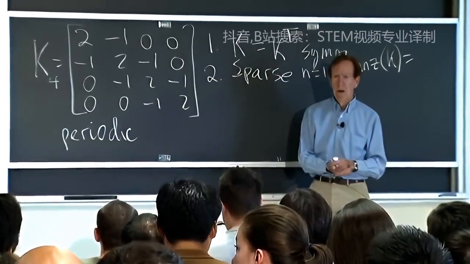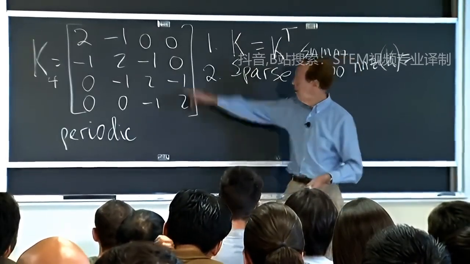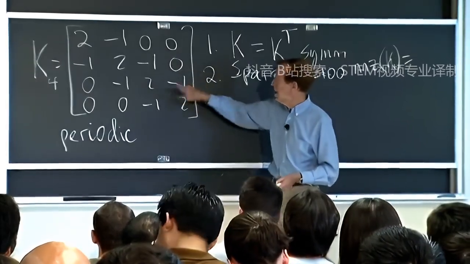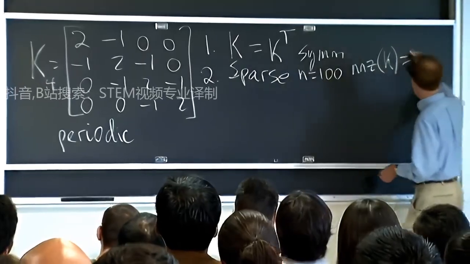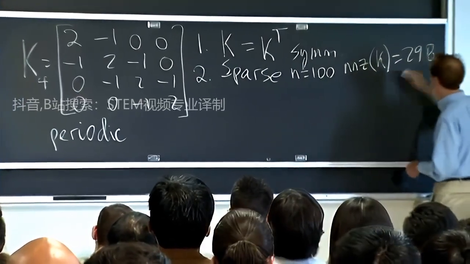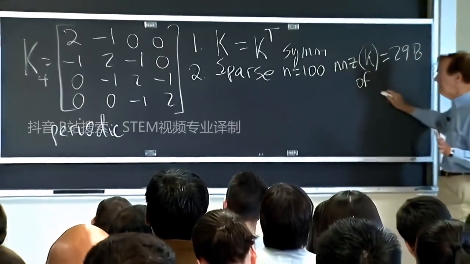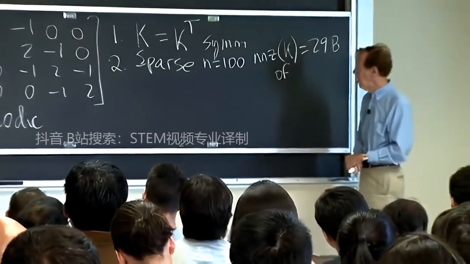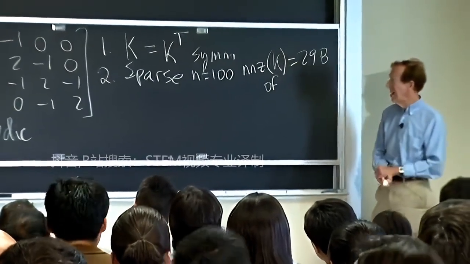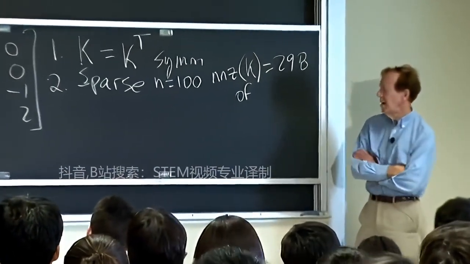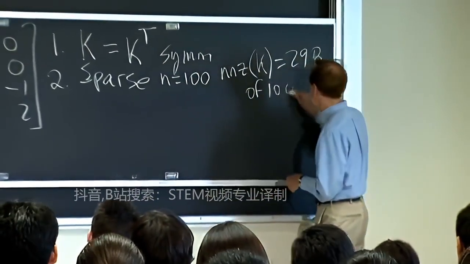So, yeah, 298 would it be? 100 diagonal entries, 99 and 99, so 298. 298 out of 100 by 100 would be what? It's been a long summer. Yeah, there are a lot of zeros. The matrix has 100 by 100, 10,000 entries. So that's sparse.